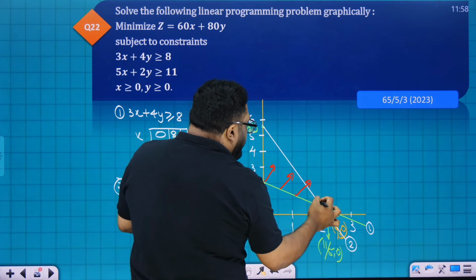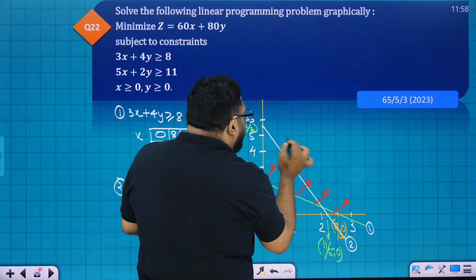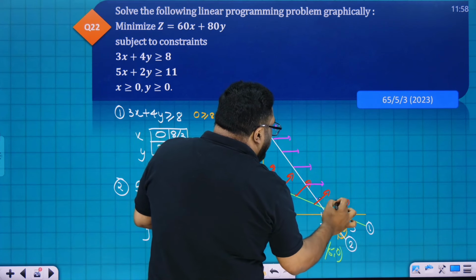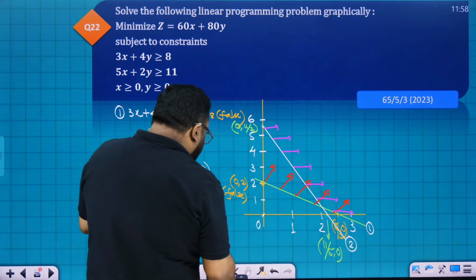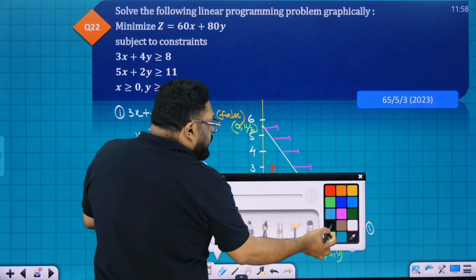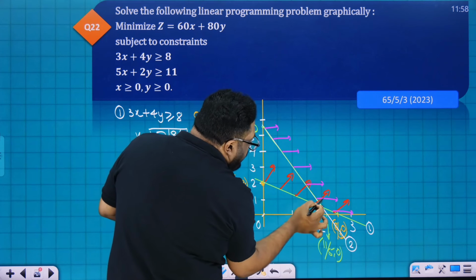So my shading is restricted in this region, all of you, please understand.